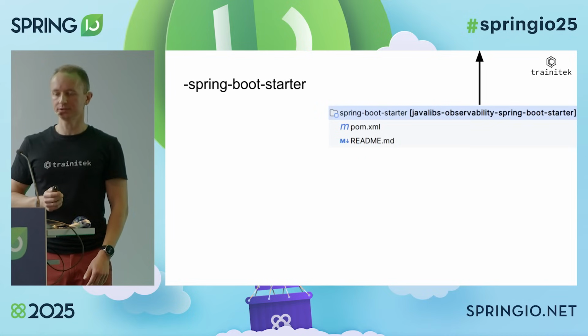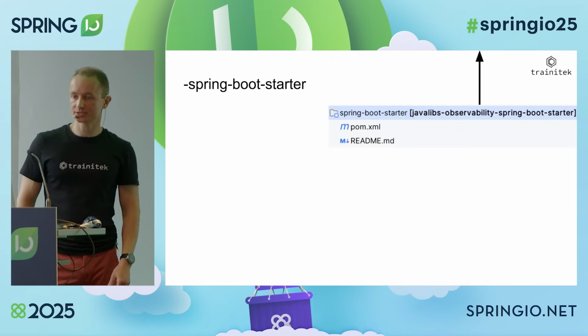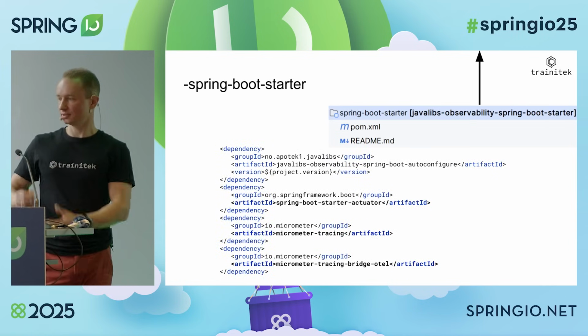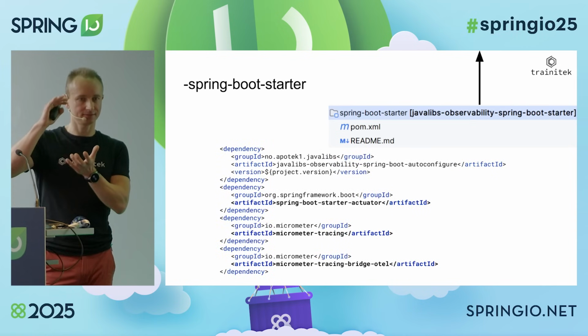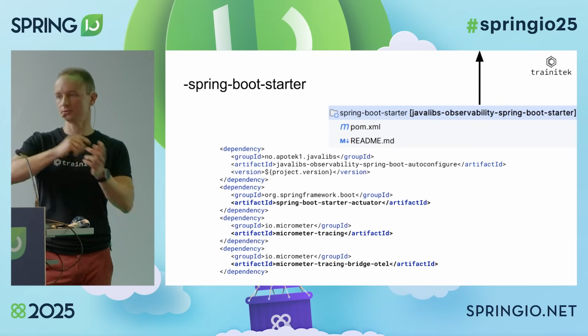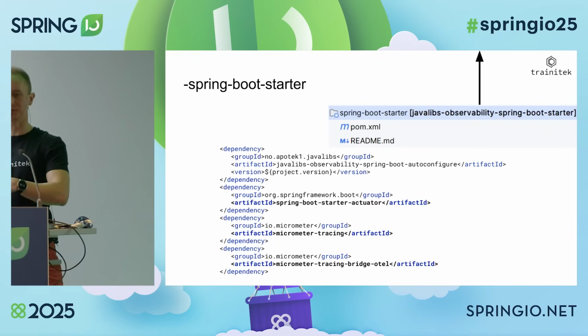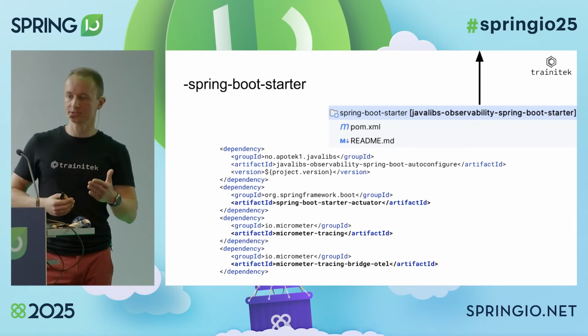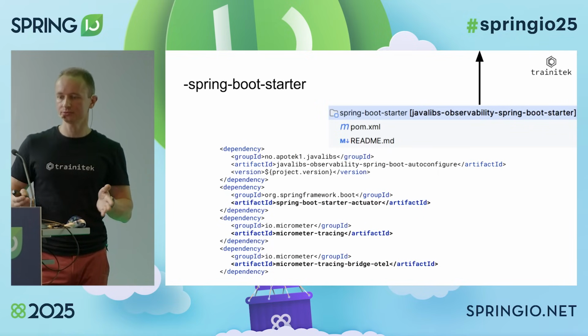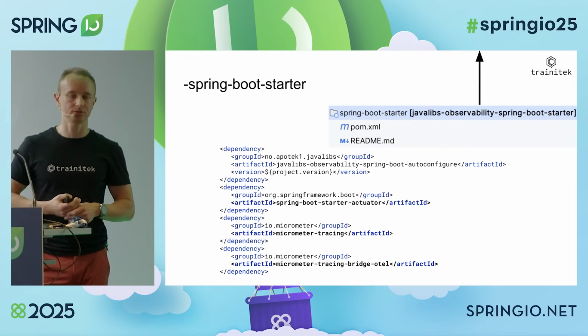And the Spring Boot starter. Okay, so it was these two files, POM XML and README. The Spring Boot starter contains a set of dependencies which will be used by default. So whenever you depend on the Spring Boot starter, you will have Spring Boot Starter Actuator, micrometer tracing, and micrometer tracing bridge OpenTelemetry.